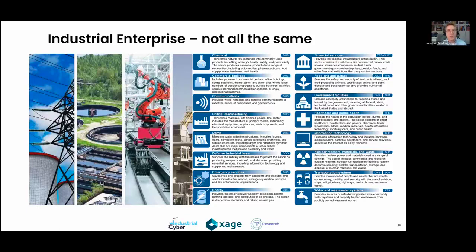And the EU has a very similar breakdown. So the crucial insight here is really to recognize that there are sometimes subtle and sometimes very significant differences between industries, or even within the industries, right? If you consider power generation, power distribution, oil and gas, so you have the upstream, the midstream, the downstream operations.